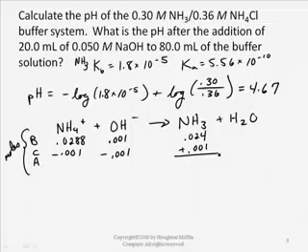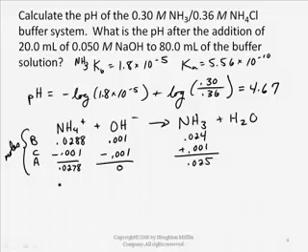This is before, change, after. After is going to be 0.0278 and 0.025. We've had 80 mils plus 20, so we now have 100 mils.